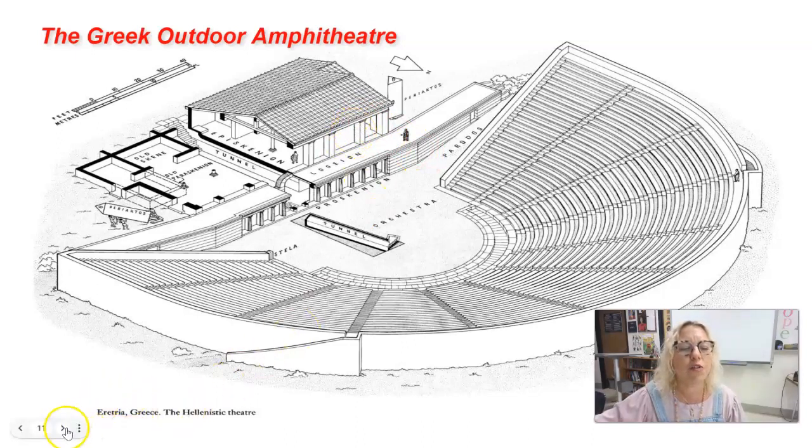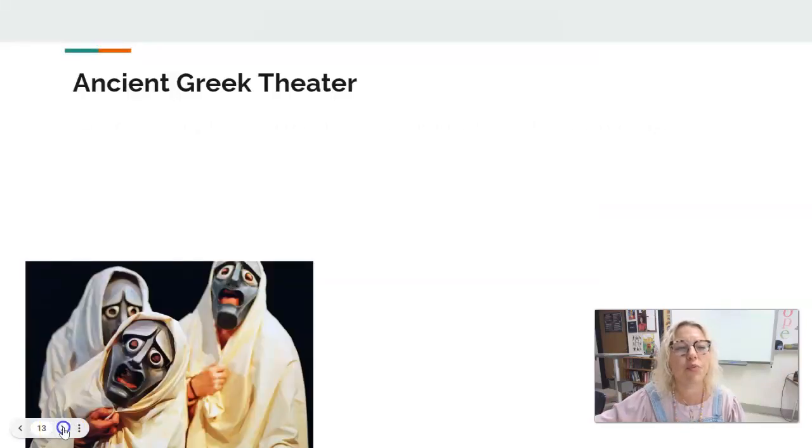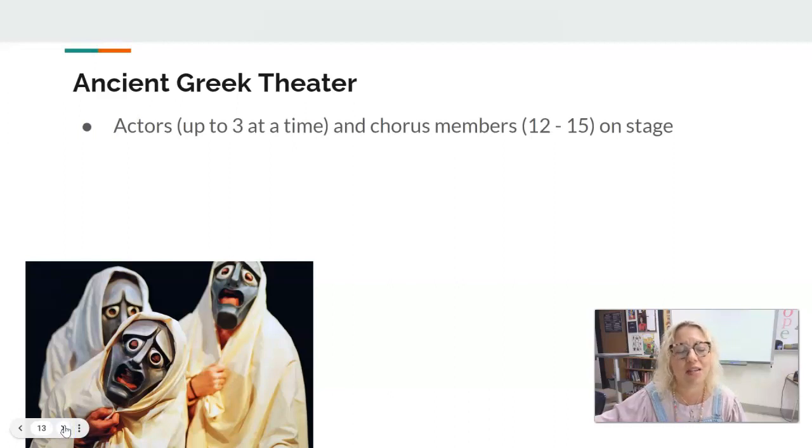And then the performers would perform right here for the most part. The performers were really just 3 people at a time. And then we had the chorus, who was 12 to 15 people.